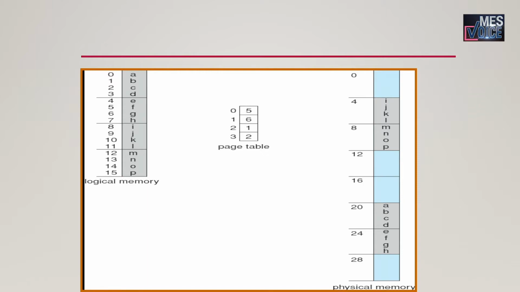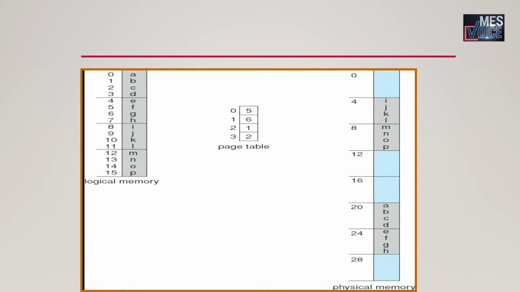Thus, the logical address 0 maps to the physical address 20 of the physical memory, that is, we obtain 20 as 5 into 4, where 4 is the size of the frame, and we add the displacement along with that to obtain 20 as the physical address.